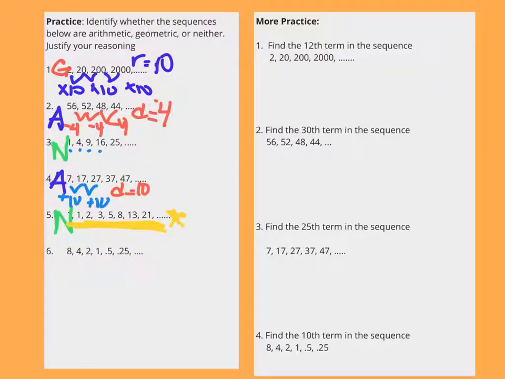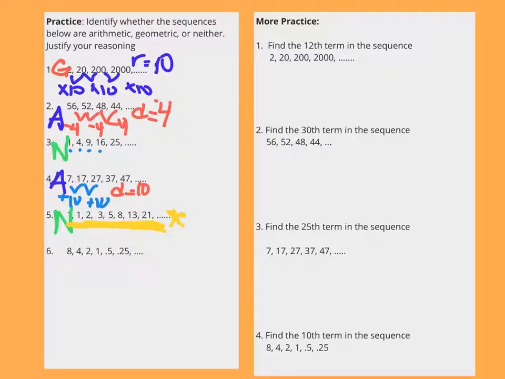Then if we look at our last sequence here we have 8, 4, 2, 1, 1.5, so I'm decreasing. 8 minus 4 would be taking away 4. 4 minus 2 is 2, so it's not a constant difference.